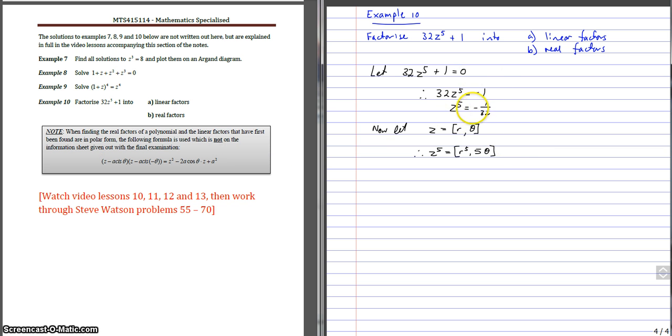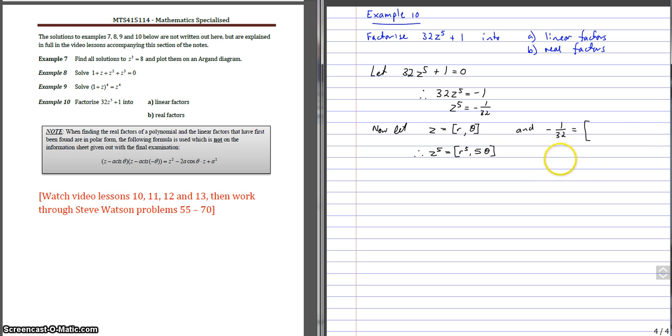Furthermore, that's our left hand side, so on the right hand side we've got -1 over 32, which we can also write using polar coordinates.